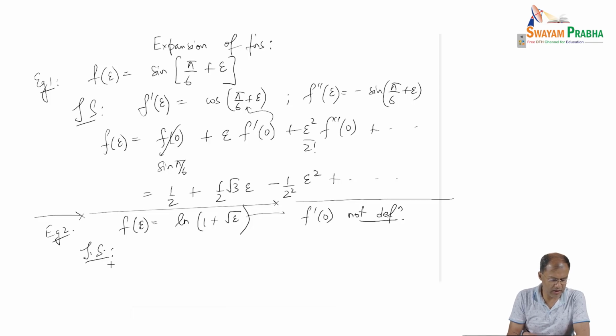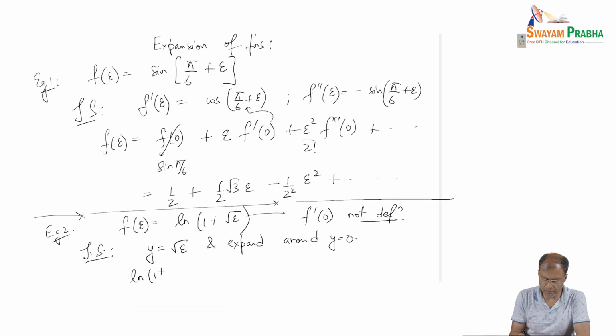So what to do then? What we can do is a variable substitution, y equal to square root of epsilon, and expand around y equal to 0.